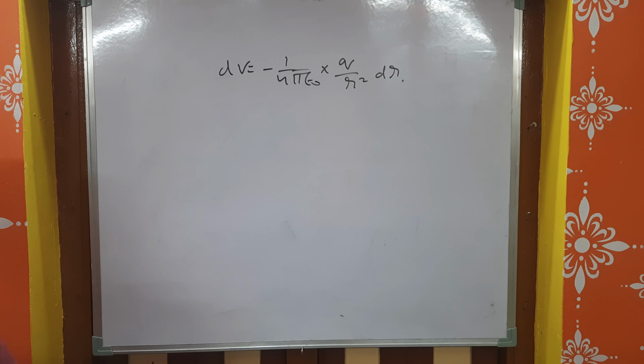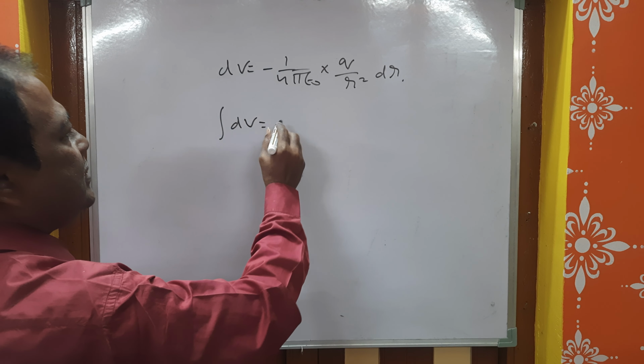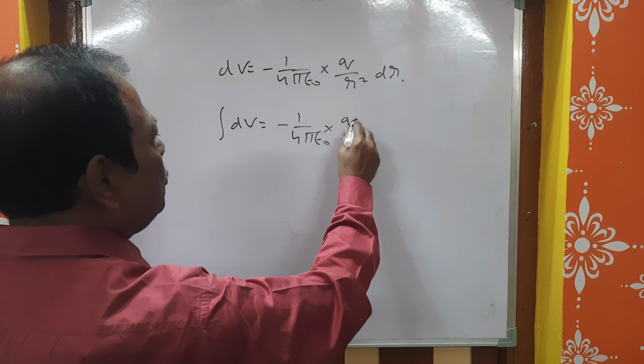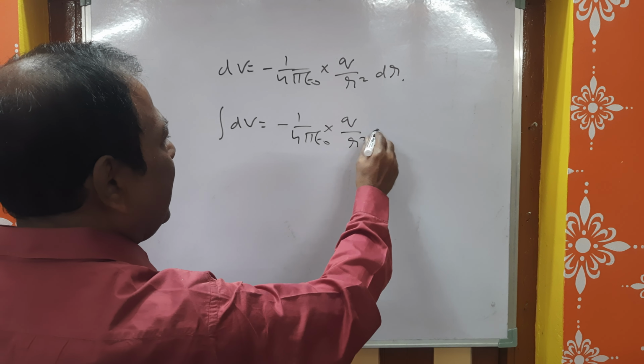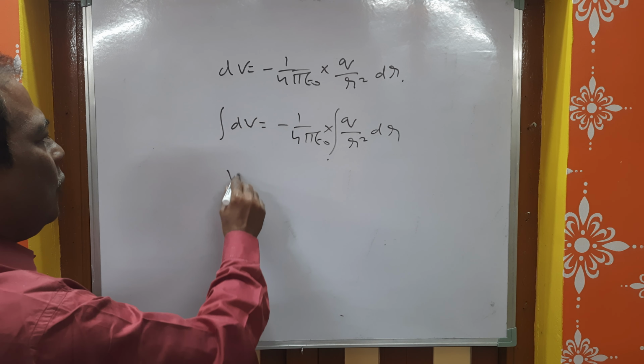So if we integrate this, dV is equal to minus 1 by 4 pi epsilon 0 into Q by R square dr, integration. dV integration, you know, V.